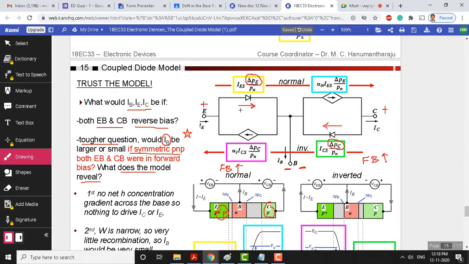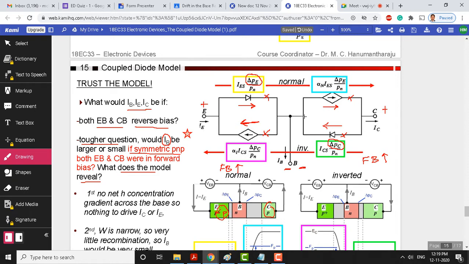The holes that are injected from the emitter are collected by the collector, and the holes injected from the collector are collected by the emitter, and look at the quantities that get cancelled. This quantity cancels with this, and this quantity also cancels with this. These currents cancel with this current, the current transfer ratio, the currents coming from the emitter cancel with this current. What is the net difference between the emitter and the collector?